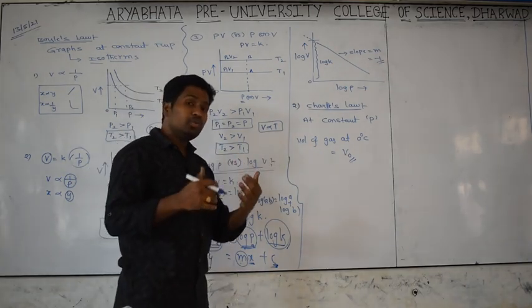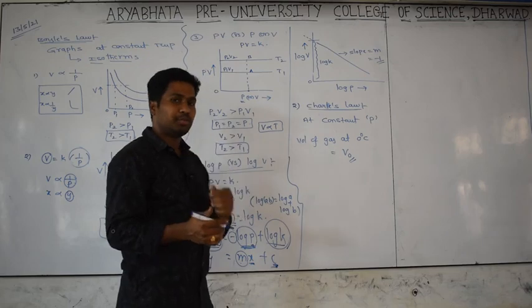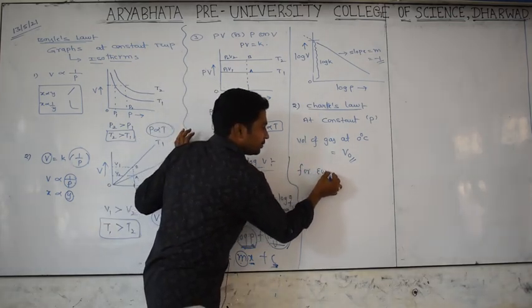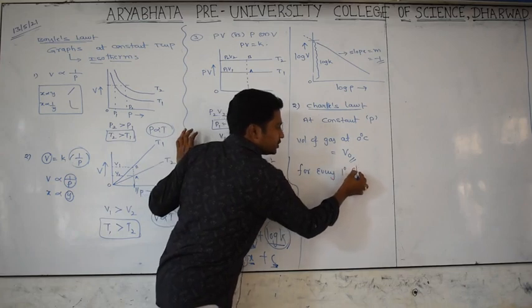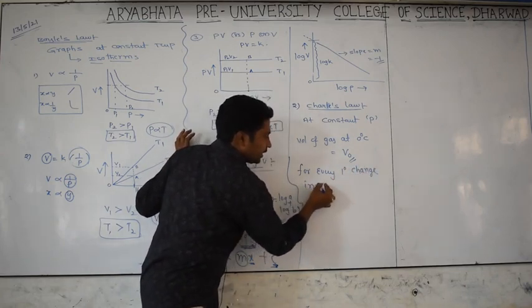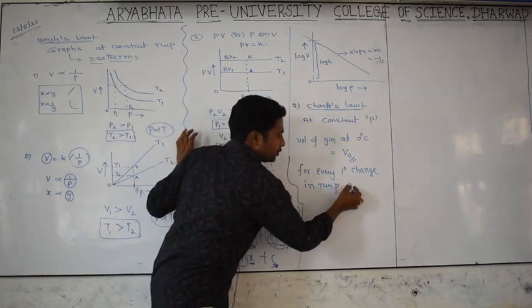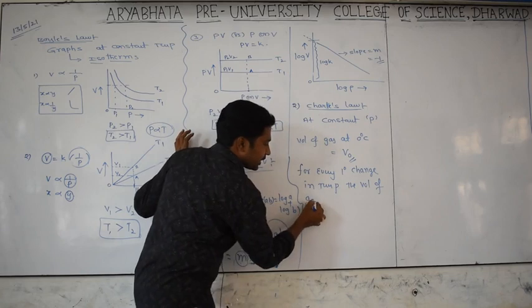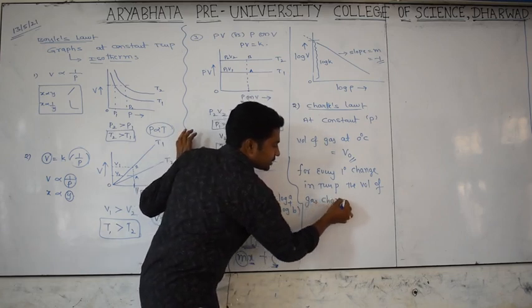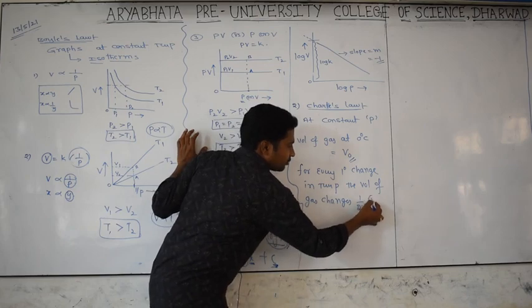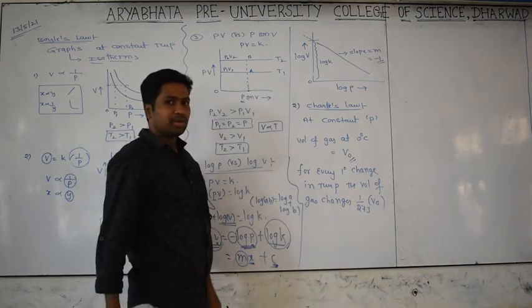Later, after much research, they told one important point: for every 1 degree change in temperature, the volume of a gas changes by 1/273 of V0.